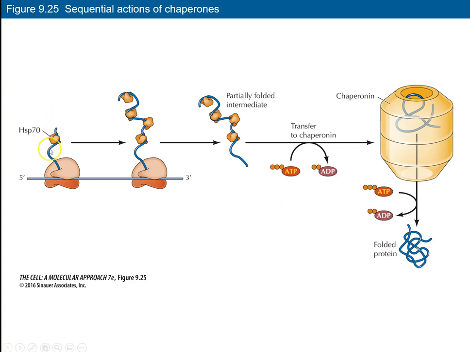So here again, you see this heat shock protein 70, which we were talking about, right? That we see both in prokaryotes and eukaryotes. And what it does is, again, it associates with that growing polypeptide chain, okay? And basically, it brings or allows for the transfer of this not yet folded polypeptide chain to go inside, as I said, this barrel-shaped protein here, the chaperonin, and allow it to fold properly.